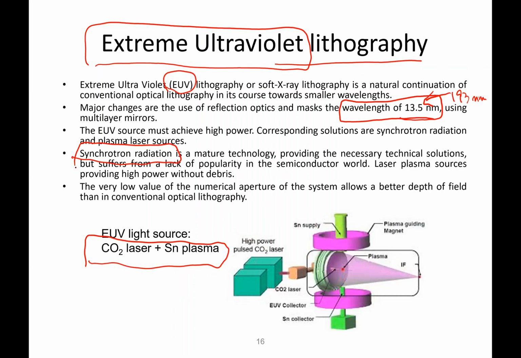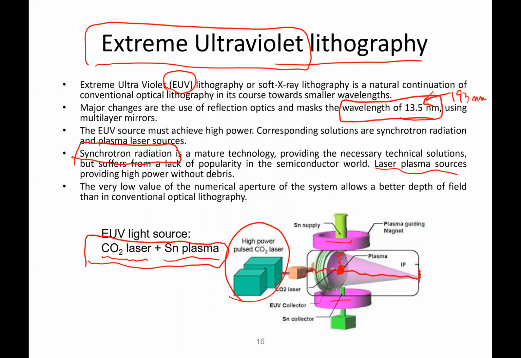So the industry doesn't use it. Instead, laser plasma sources are being used. This is a CO2 laser with tin plasma. The CO2 laser is provided to the optical system, and small tin drops are placed here. Using the magnet and applying electrical power, tin plasma is generated here.